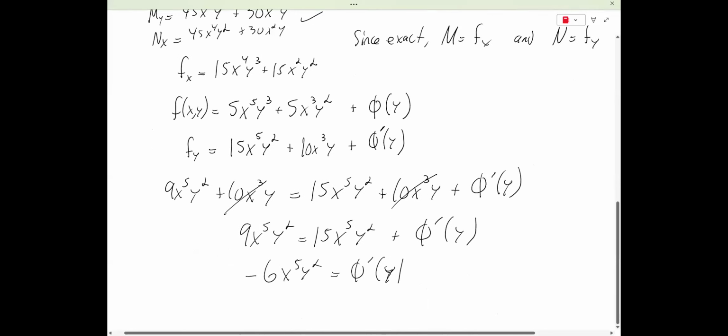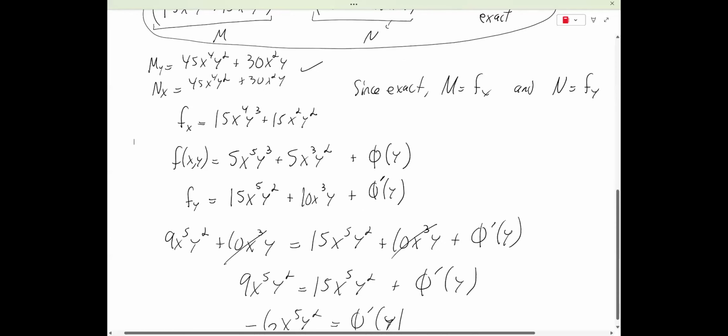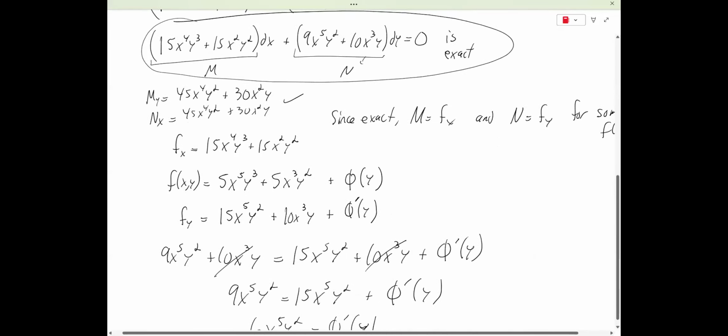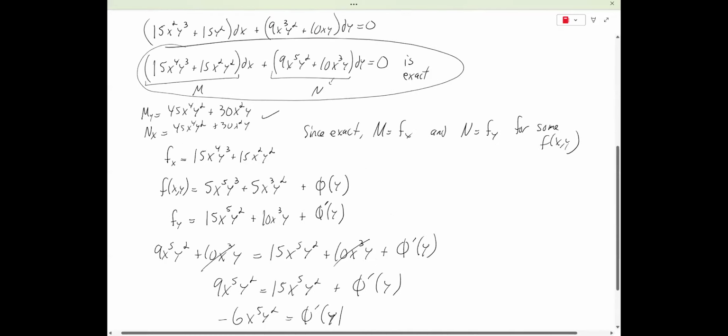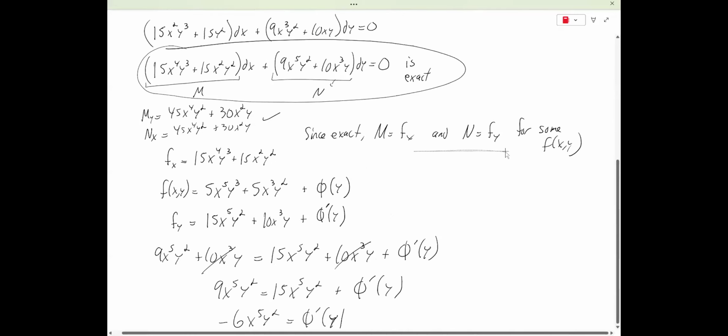When you said, since it's exact, equals f sub x, and then you wrote f sub x equals 15x to the fourth. Yeah. But you also have n equals f sub y. This is the n. Right.